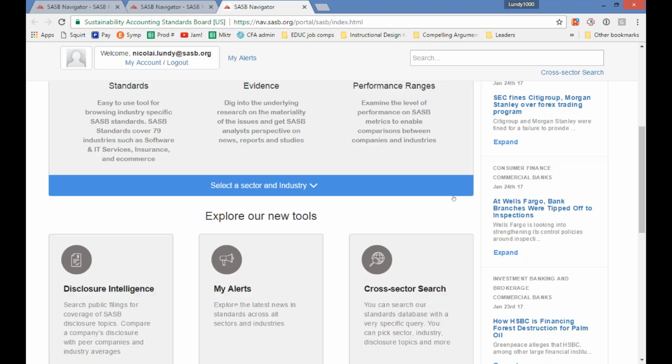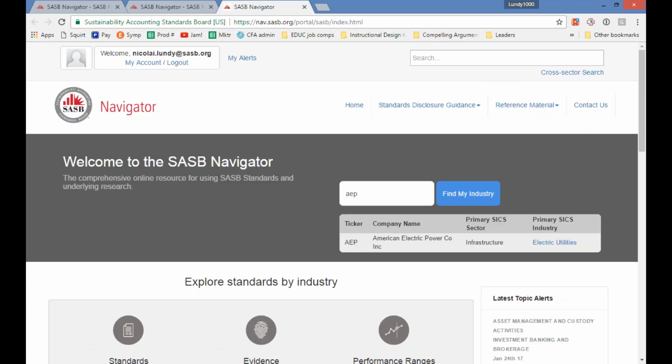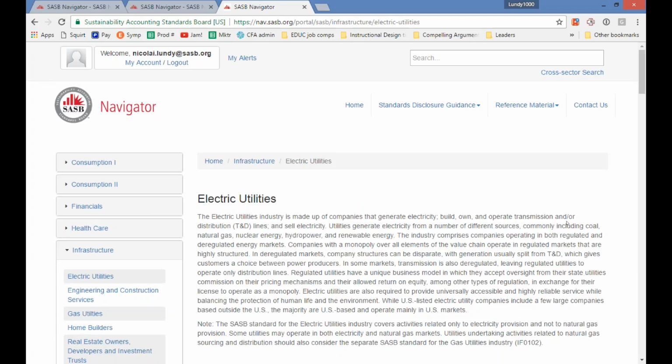But a lot of people actually come in with an idea of a company or a set of companies in mind, and they want to just jump straight to that industry. So you can type in the ticker. In this case, I've typed in American Electric Power. It's an electric utility, large cap in the US. And so we can click this link to jump straight to that industry centralized homepage.